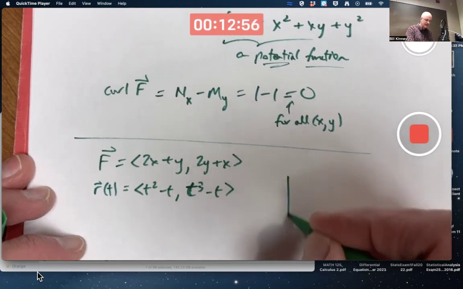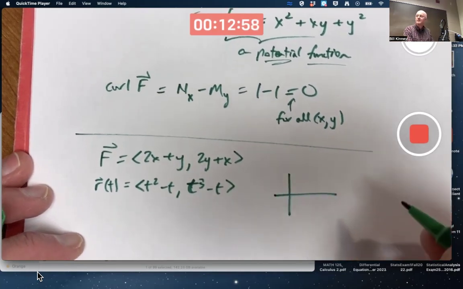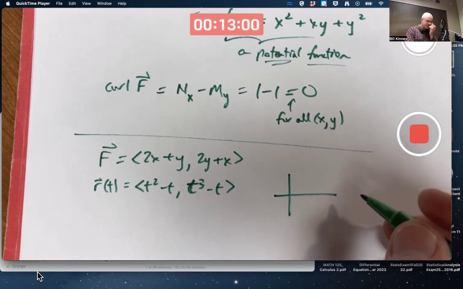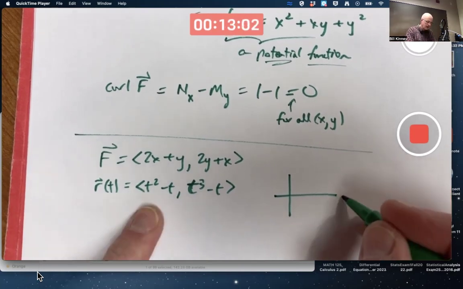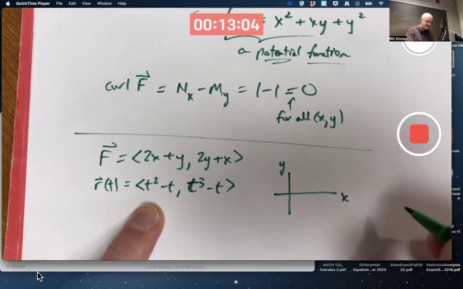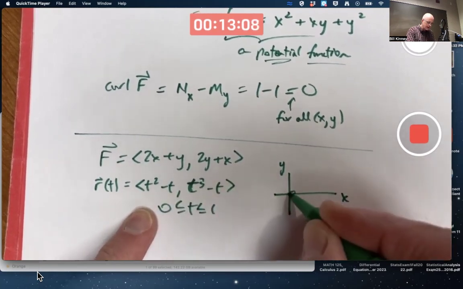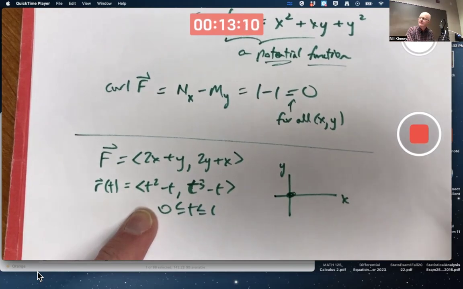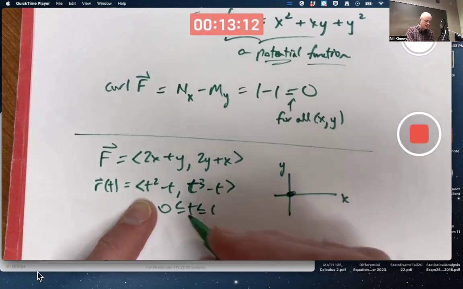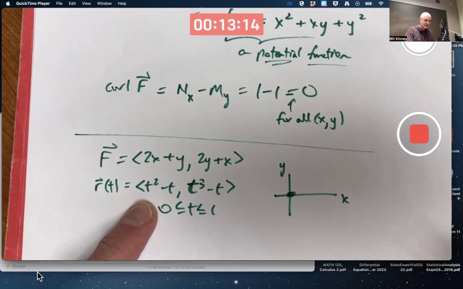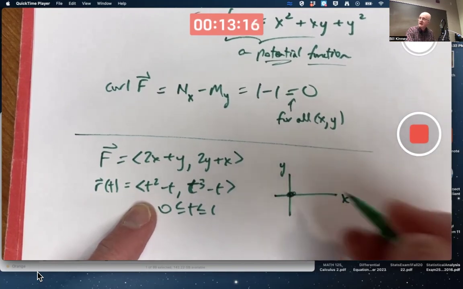By the way, if you graph this parametric curve as t goes between 0 and 1, when t is 0, you're at the origin. You get 0 minus 0 in each case. When t is 1, you're actually back at the origin. This is going to be a closed curve.